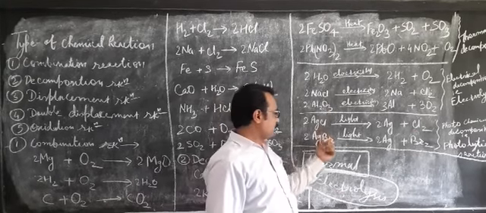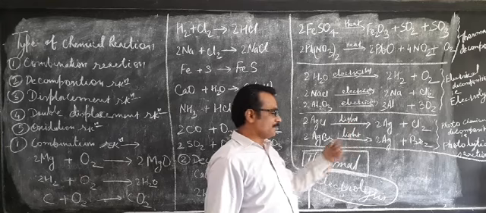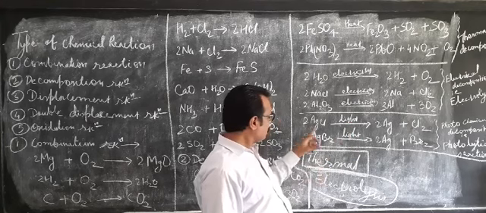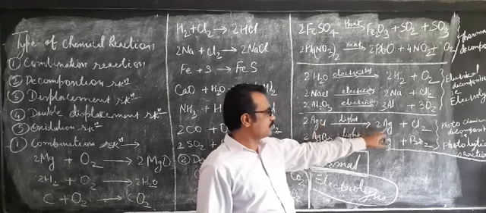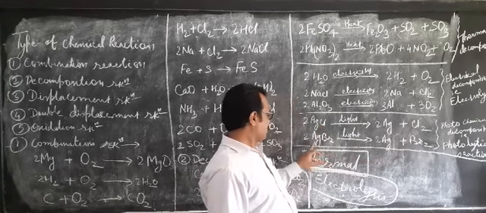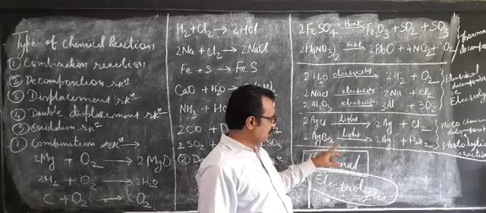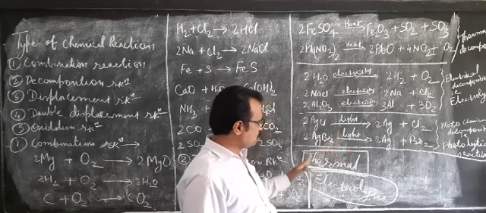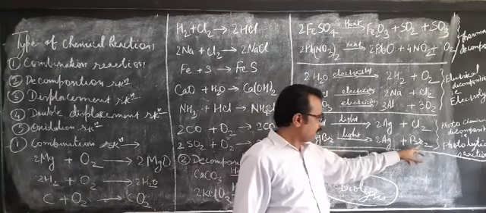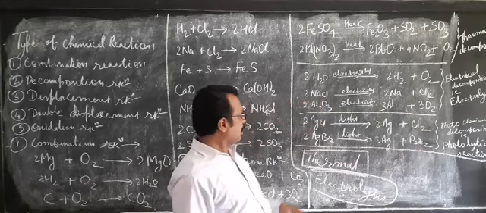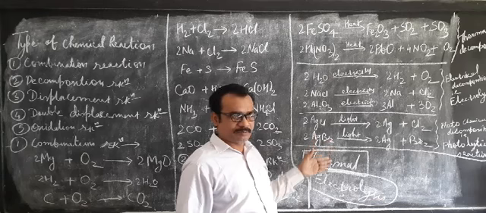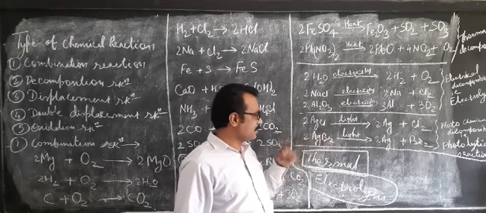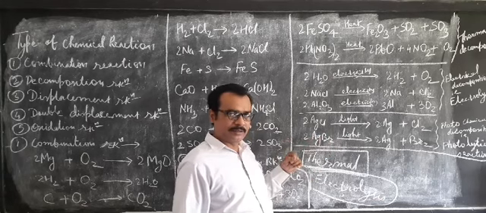Now, these two examples involve light energy. Under the influence of light energy, silver chloride decomposes into silver and chlorine, and silver bromide also splits up into two products, silver and bromine liquid. So this reaction takes place in the presence of light energy, which means light energy is absorbed here.